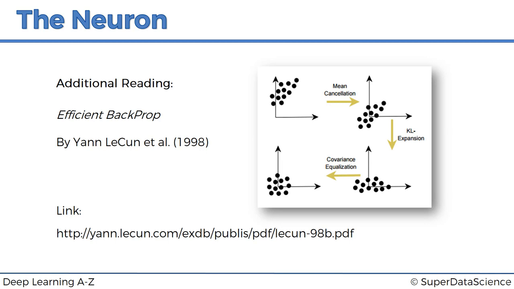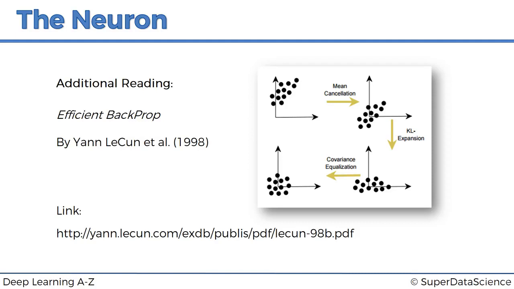He's a close friend of Geoffrey Hinton, who we've already mentioned. In this paper, you'll learn more about standardization and normalization, but also you can pick up lots of other tips and tricks, and it'll be a good source for additional reading as you go through this course. So check it out if you're interested.